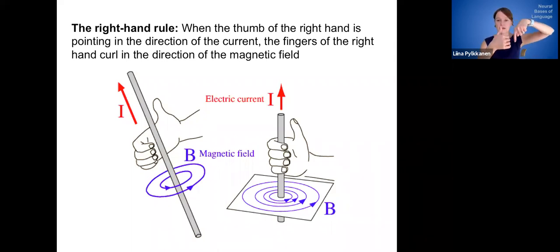And now the magnetic field would be rotating in this direction. So it's the fingers here that are showing that it's going this way. Okay, so rotating this way. So that's your right-hand rule. So that's the relationship between the current and the magnetic field.